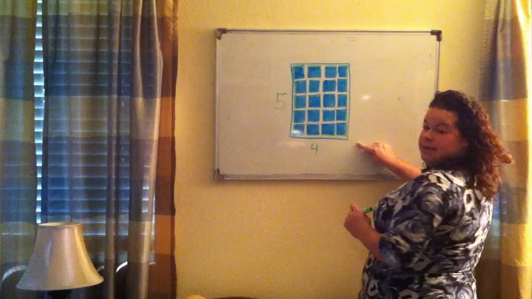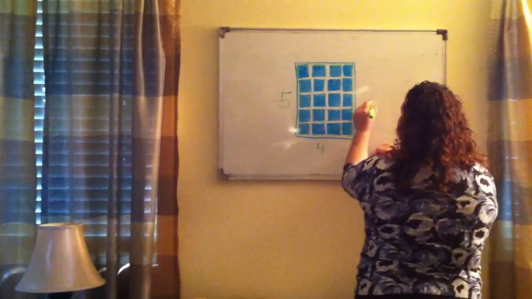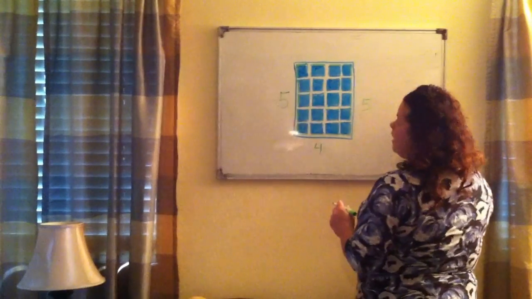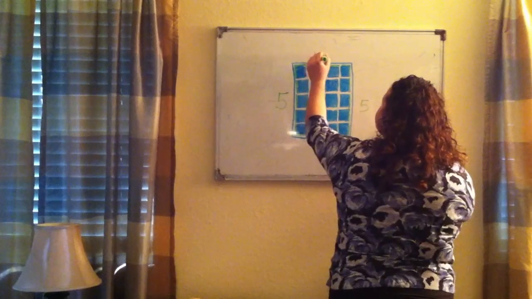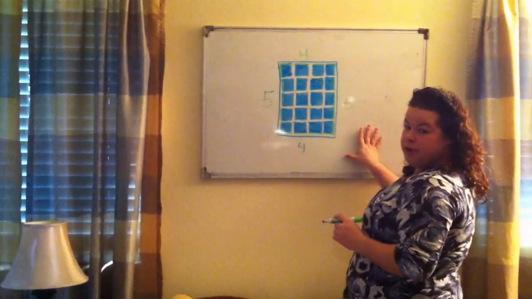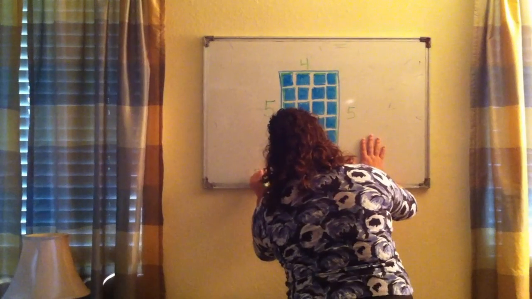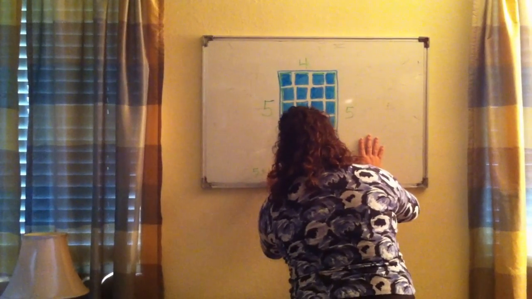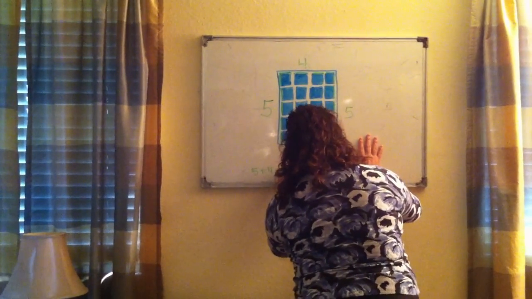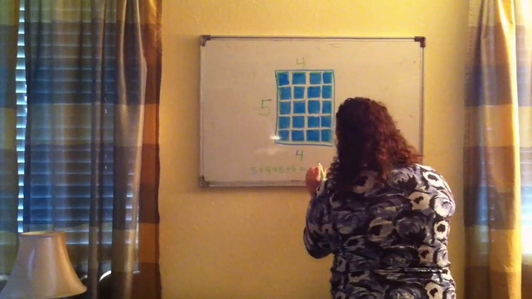And the length of this side is 5, and the length of this side is 4. 4. So to find the perimeter of this shape, we would say 5 plus 4 plus 5 plus 4 equals 18.